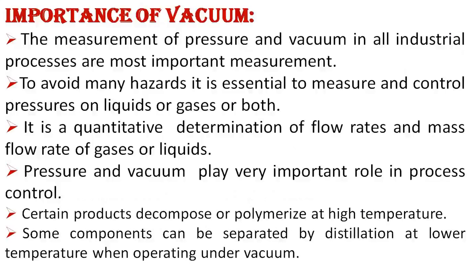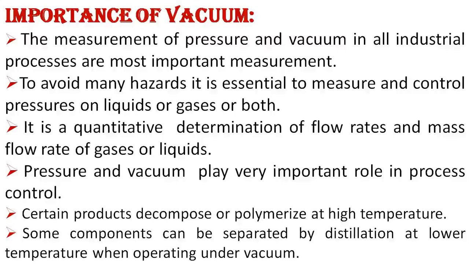Now, what is the importance, what is the need of vacuum? The measurement of pressure and vacuum in all industrial processes is most important. To avoid many hazards, it is essential to measure and control pressure of liquids or gases.